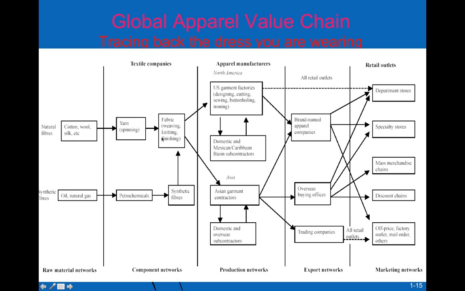So you have fabric weaving, yarn spinning, petrochemicals, and then you go back even further to where the cotton fields, cotton, wool, and silk, oil, and natural gas manufacture. So these are all parts of the thing, and they could come from different places. So raw material networks to component networks to the production networks to the export networks and then to the market networks, if you wish.